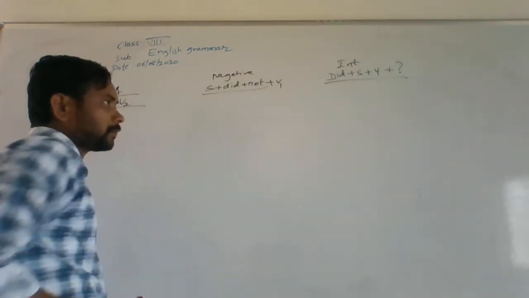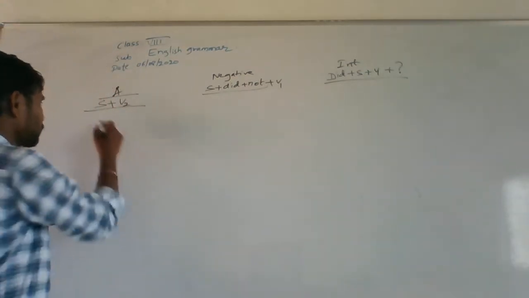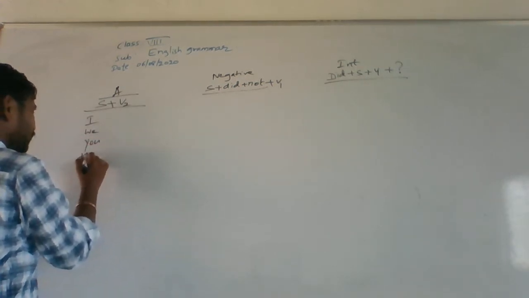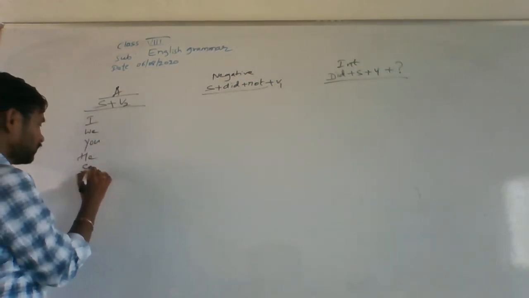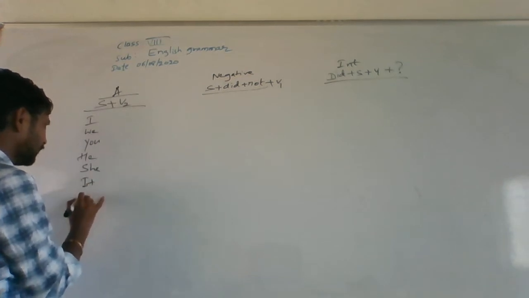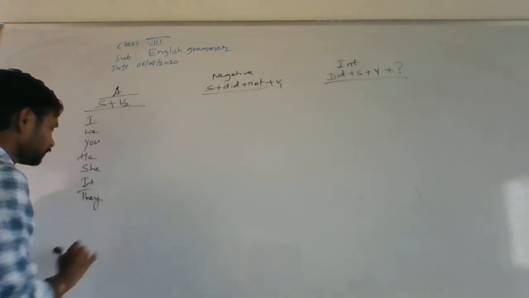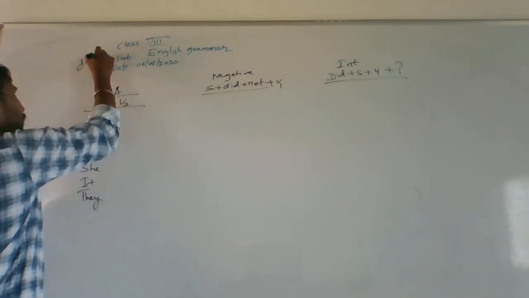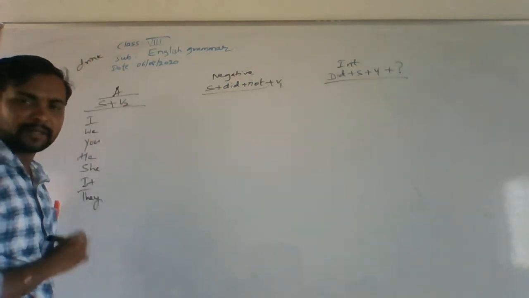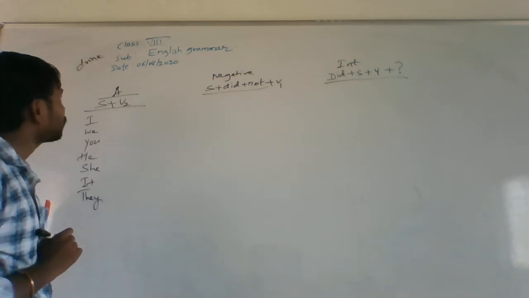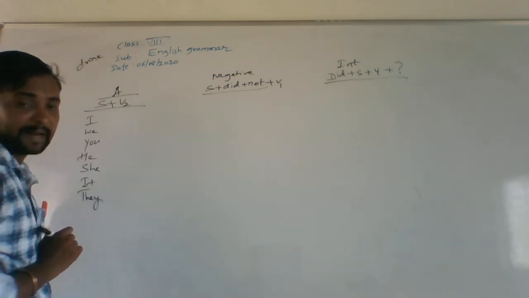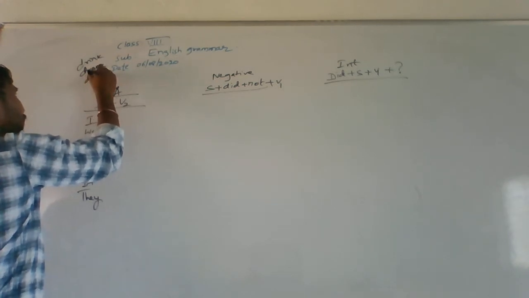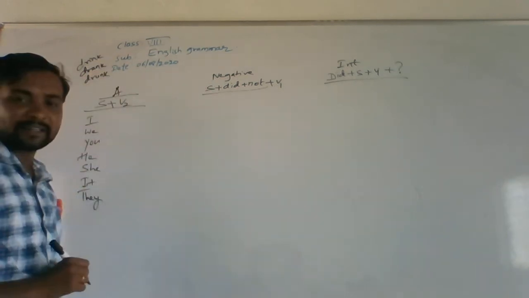So according to the formula, now you make one sentence. I, we, you, he, she, it, then they. Here, let's take drink. Drink V2 water. Tell me, drink is V1. What is the V2 of drink? Drank. Drink, drank, drunk.